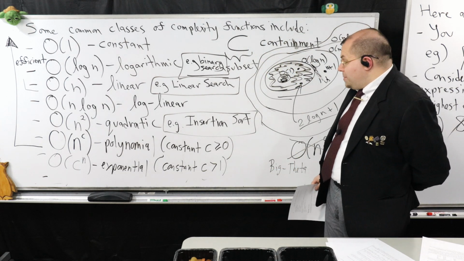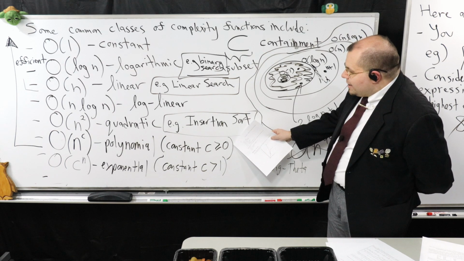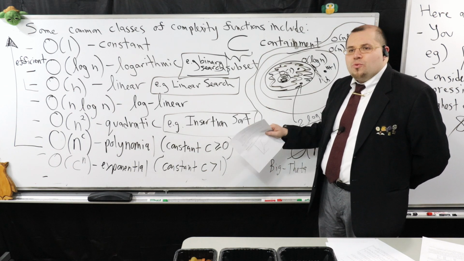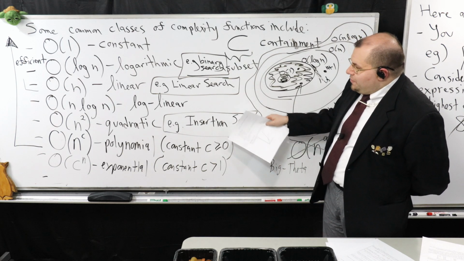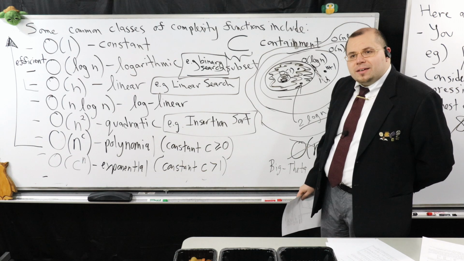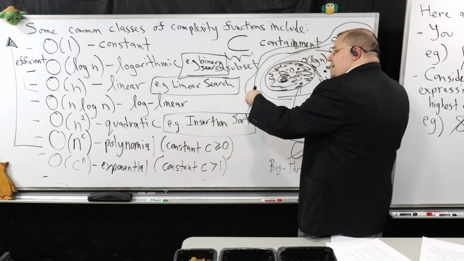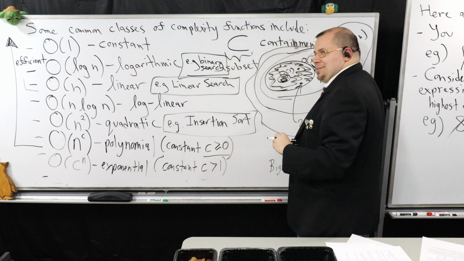Now, for the polynomial, I made this c greater or equal to 0 because, remember, this is for any c. As long as this exists, we say it runs in polynomial time. So, for example, if you give me a quadratic running time, that's when c is equal to 2. The idea here is that it runs in big O of n to the c for some constant c greater or equal to 0.